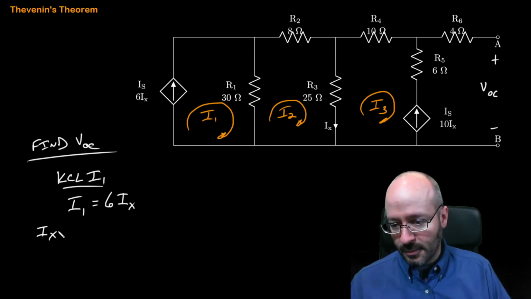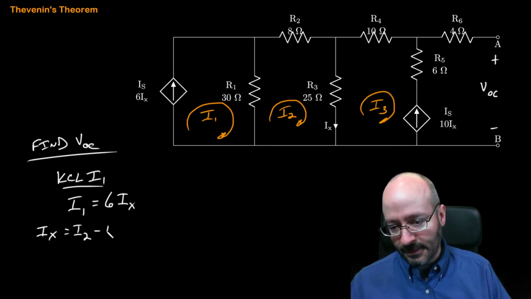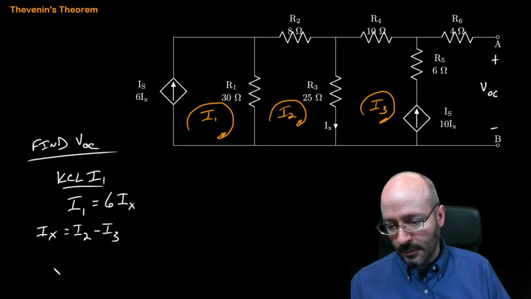It's our control variable for that supply, and we can see that IX is labeled over here. Does I1 touch IX? Nope. Does I2 touch IX? Yep. Does I3 touch IX? Yep, and it goes in the opposite direction. So there's my substitution for IX. Sub it in, and make sure you distribute that 6 to both terms.